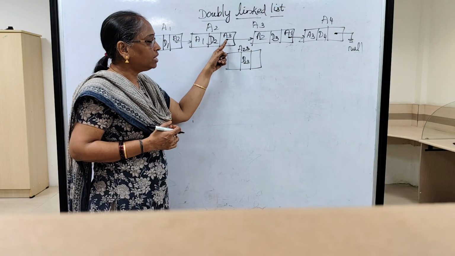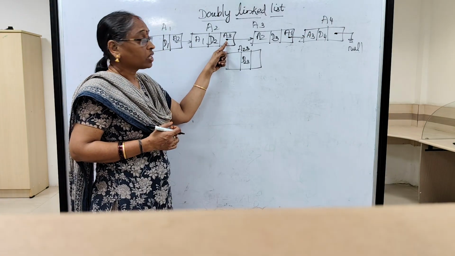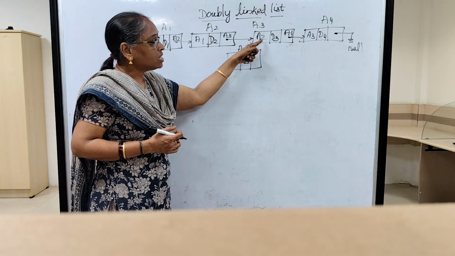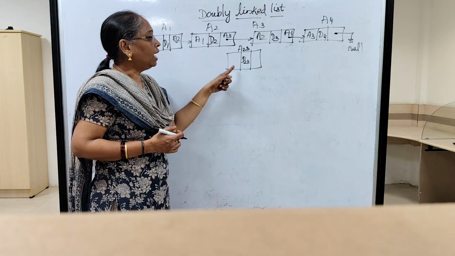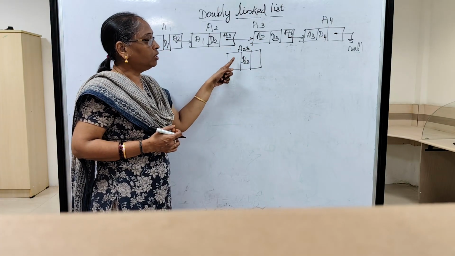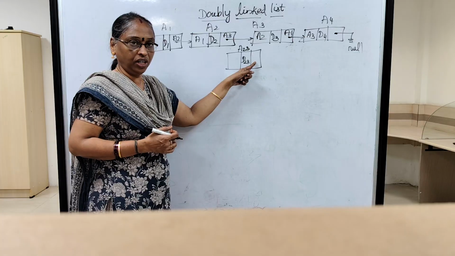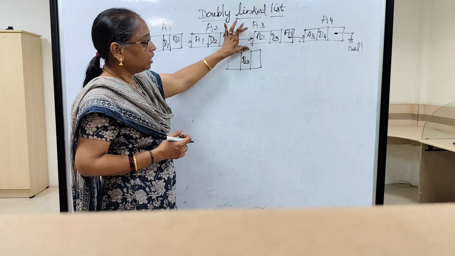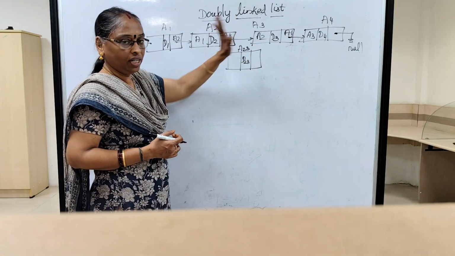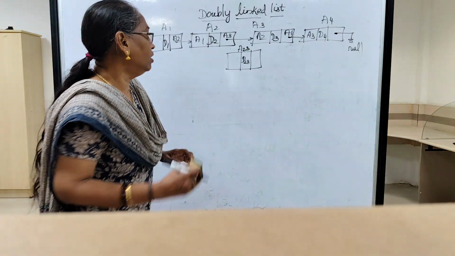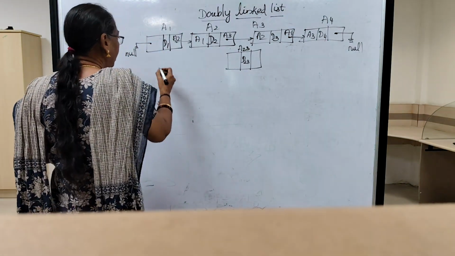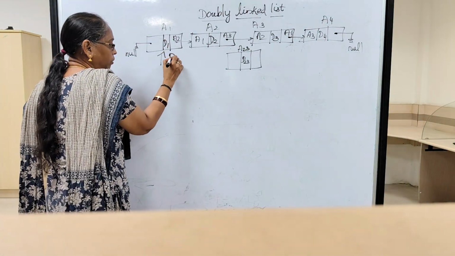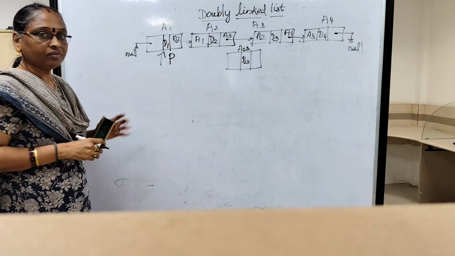I need to update the next address of A2, then the previous address of A3, and the previous address of A23 and next address of A23, so that I can logically include this node in between A2 and A3. So how can I do this change? See, for example, I am placing a pointer P to hold the P1, right?